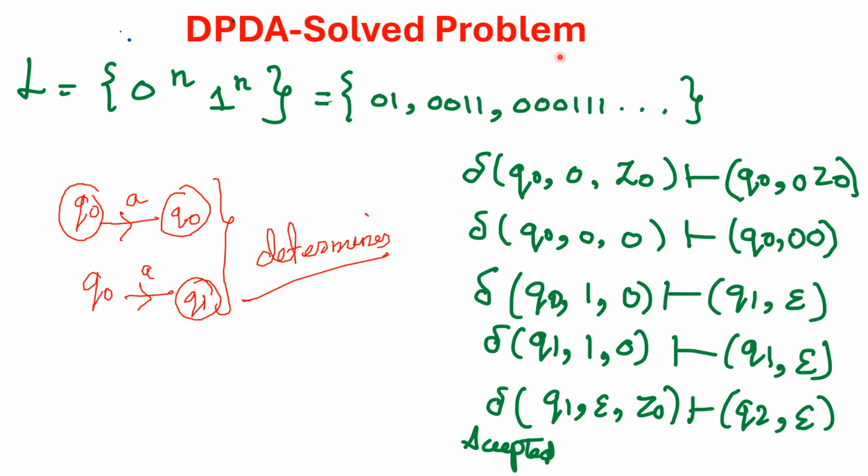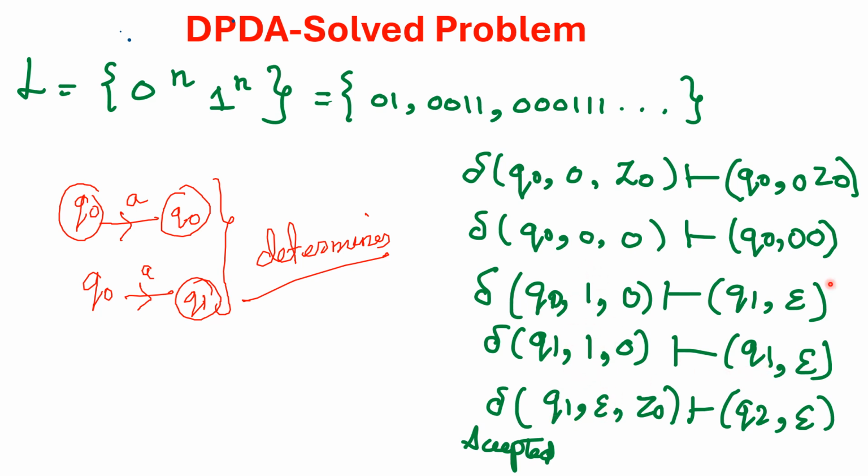So for the same input, we are getting the same state, that's all. All states must be unique. Here the input is 1 but the state is different: Q naught 1 gives Q1, and Q1 1 gives Q1, and Q1 epsilon.